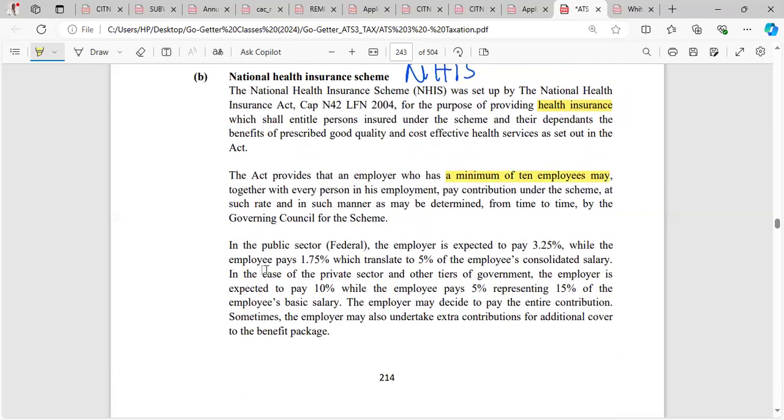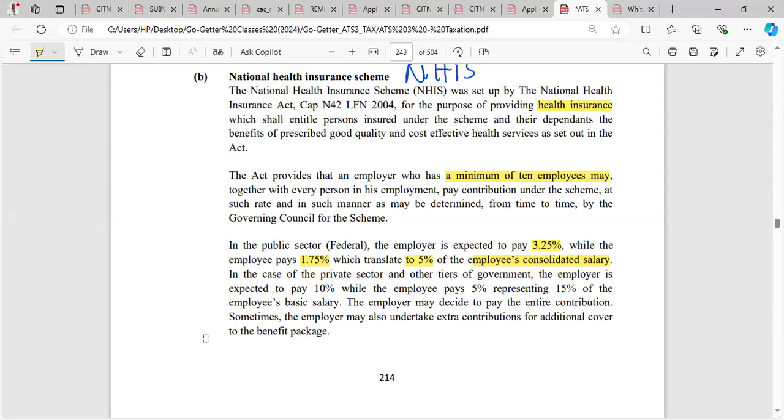Now, in the public sector, that is the federal, the employer is expected to pay 3.5%, while the employee pays 1.75%, which translates to 5% of the employee's consolidated salary. So the gross salary consolidated, 5% is taken as NHIS.